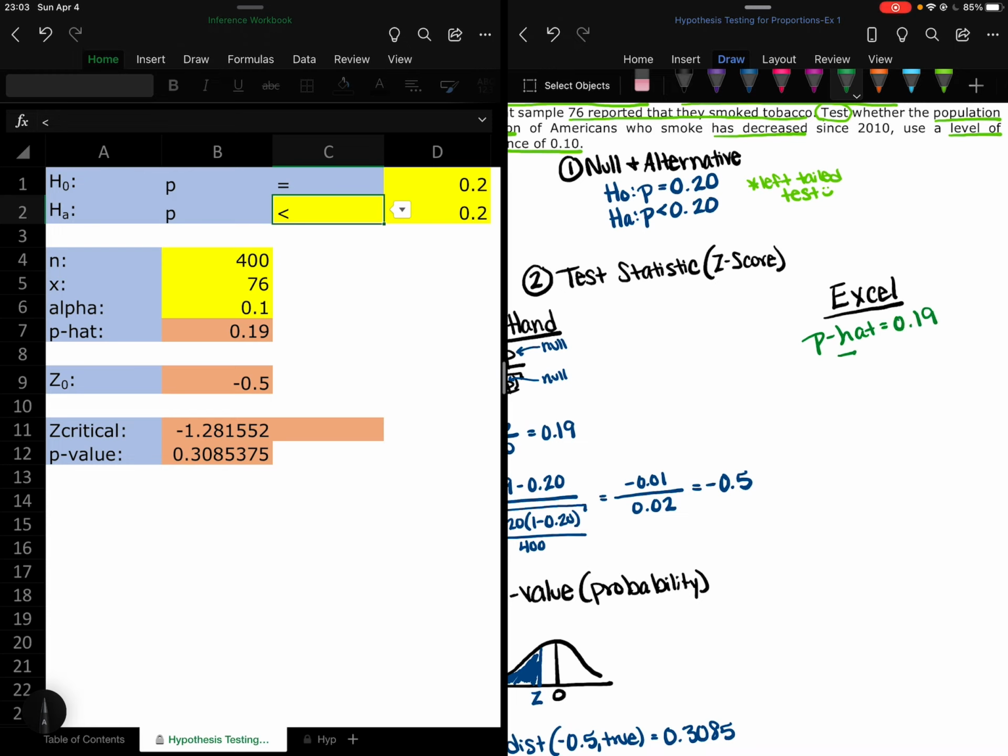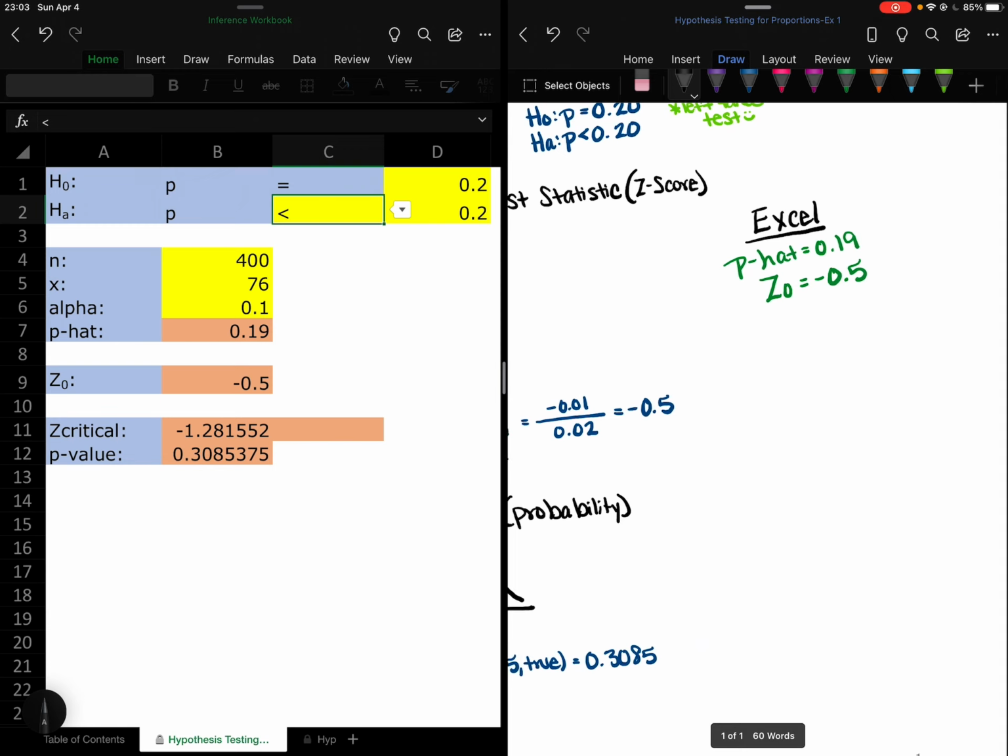Excel gave me that. And then we have the z with the 0, negative 0.5. Excel also calculated that for me. I didn't have to do that. That saved me a whole lot of work. That is the hardest part of this entire thing, is making sure that you get that z-score correct because of all of those decimals and the square root, and oh, it's a lot.